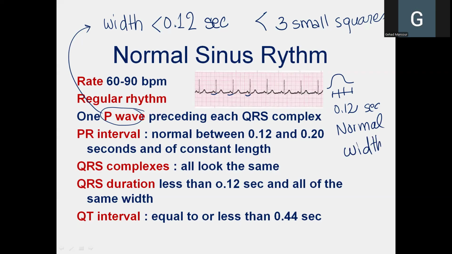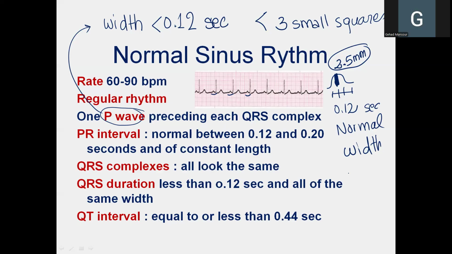If you want to get a bonus, then you would also give a comment on the height of the P wave. The height of the P wave shouldn't be more than 2.5 millimeters, but this is an extra piece of information. You needn't memorize it.